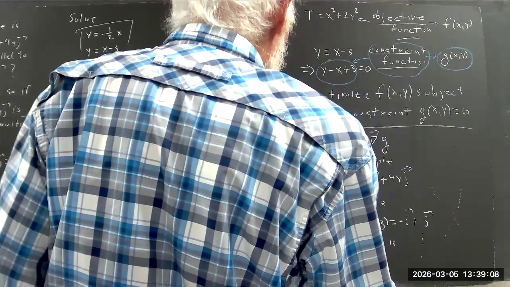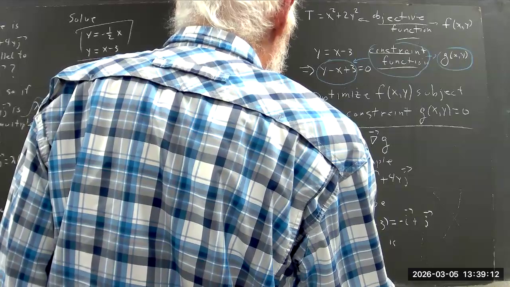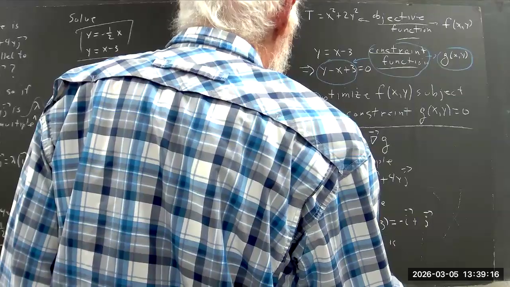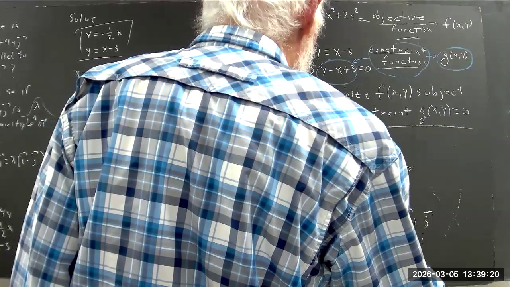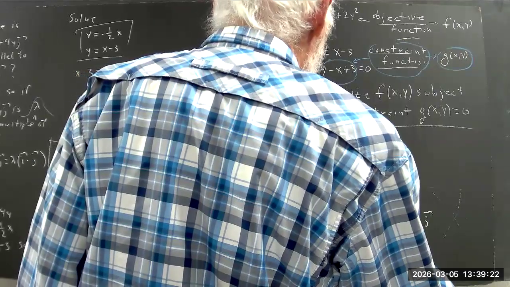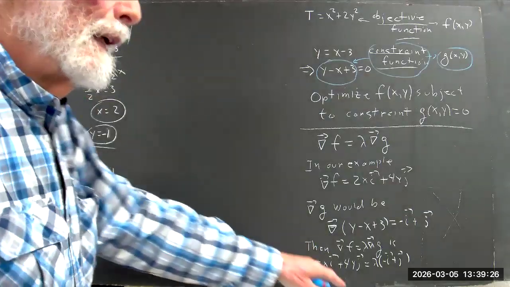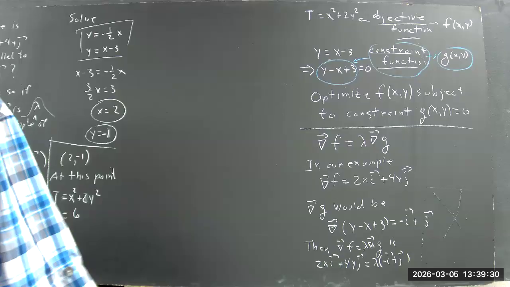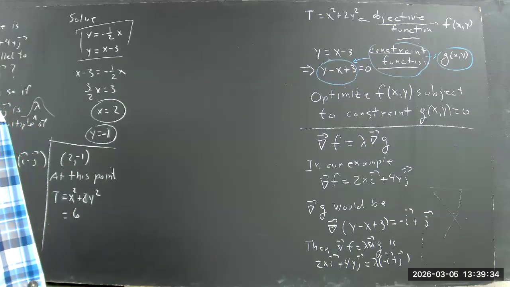Then the gradient of f equals lambda times the gradient of g. Gives us this, and this gives us the same equations we got before, except there's a negative sign involved.